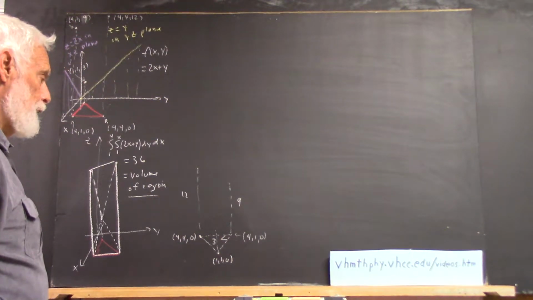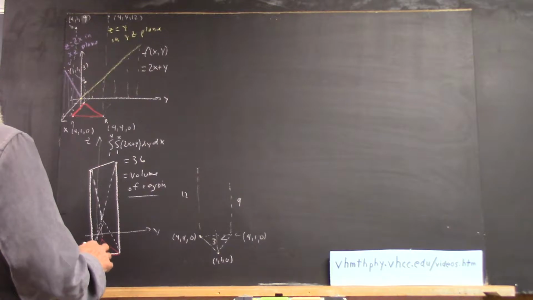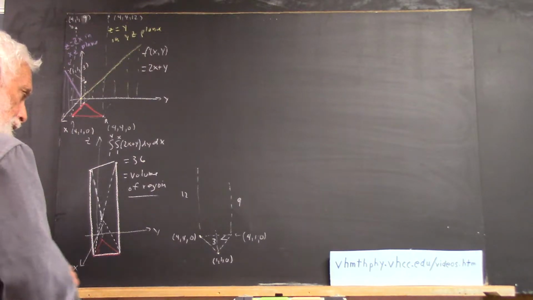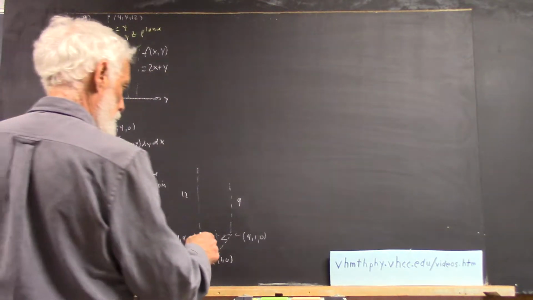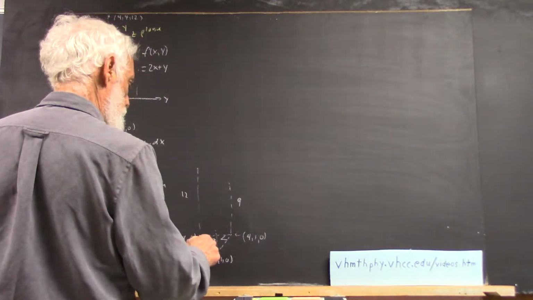And now our figure, which I didn't really complete last time, actually these dotted lines should have gone to the y equals 1 point, and maybe I'll fix that in a minute.